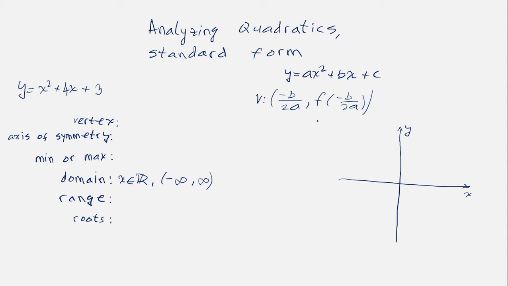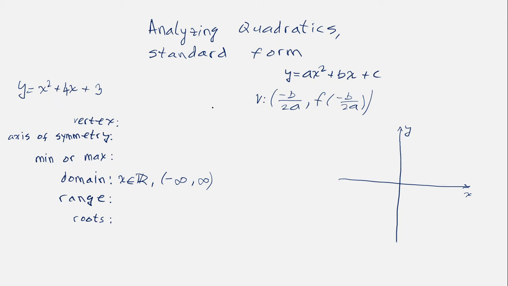So this is the formula for the h, the x-coordinate of the vertex. And then once we find that value, we plug the numbers in, find the value. Whatever the result is, we plug it back into the function, and we find what that is. So we plug it back in here for x.